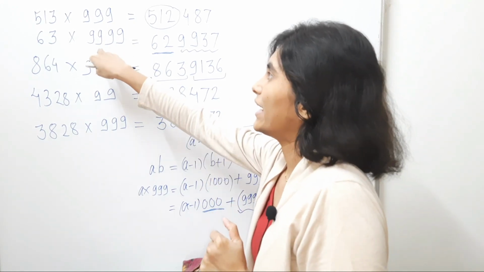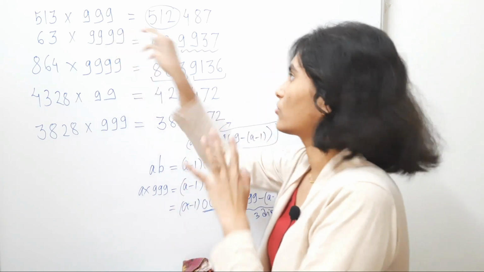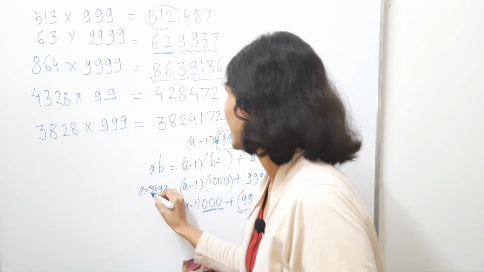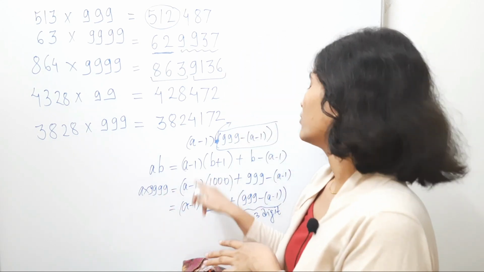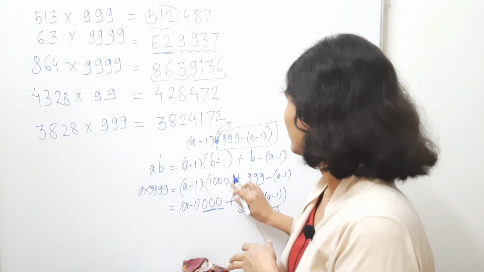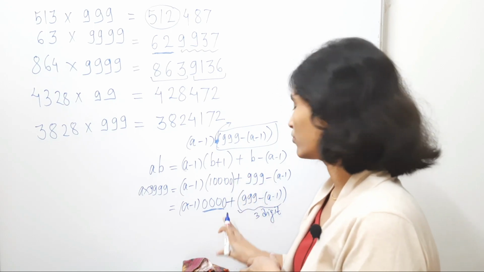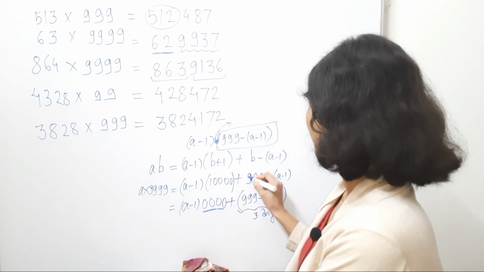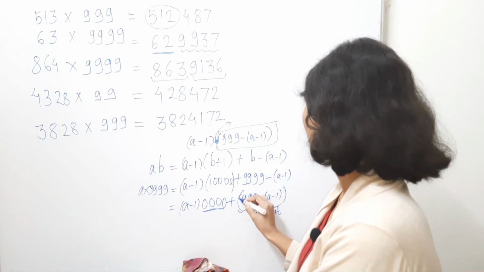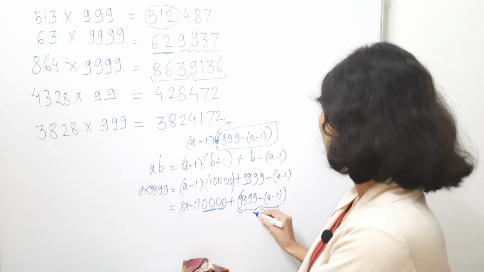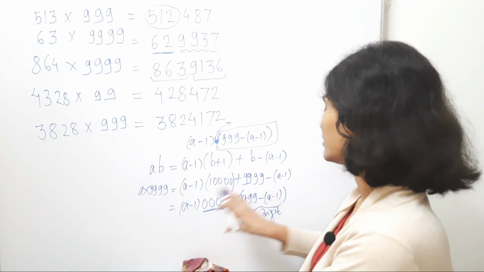Now here we have 9999, right? So what is the trick? You just replace this B by 9999 and when we add 1 there will be an extra 0 here, so these are 4 zeros. Now just replace this, so it is 9999 and this will be a 4-digit number. So just add this number here.